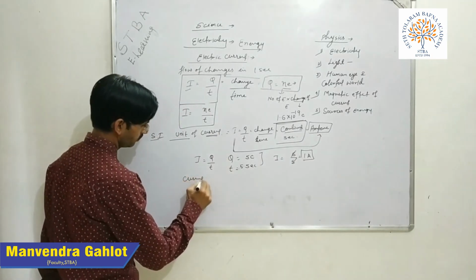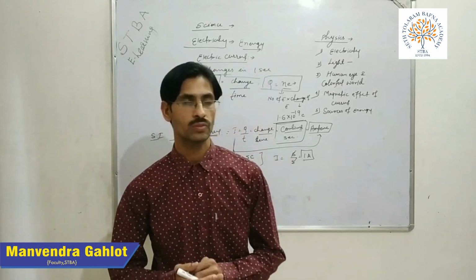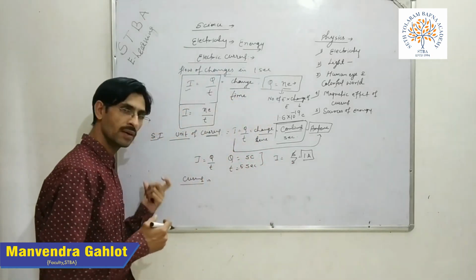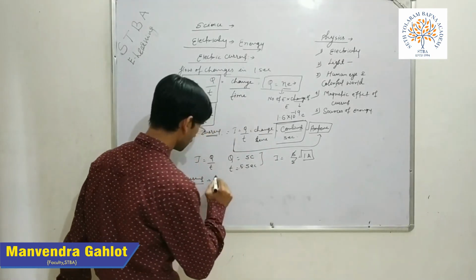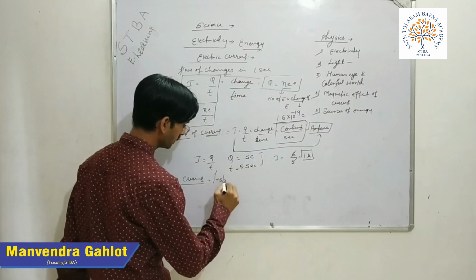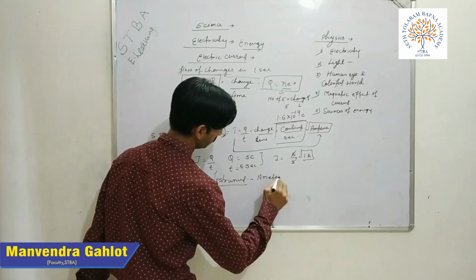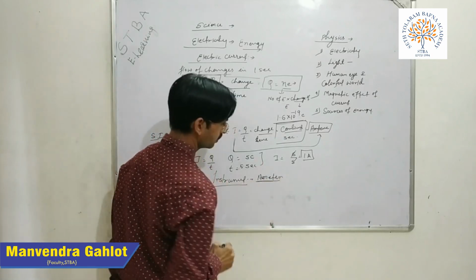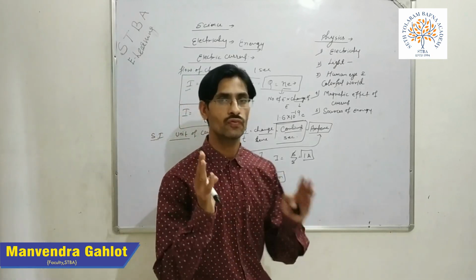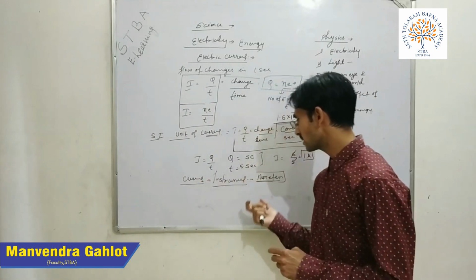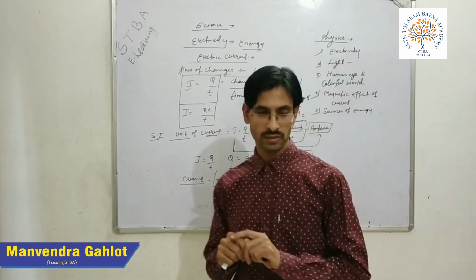Now, current is measured by an instrument. That instrument is used to measure the amount of current. We use an instrument called an ammeter. An ammeter is an instrument used to measure electric current in a given conductor.